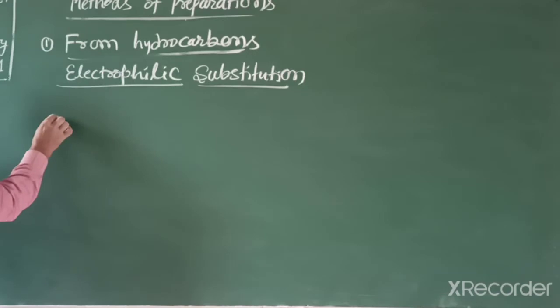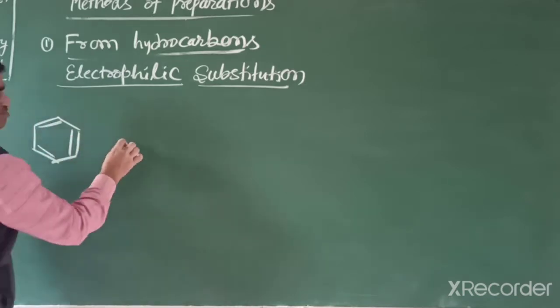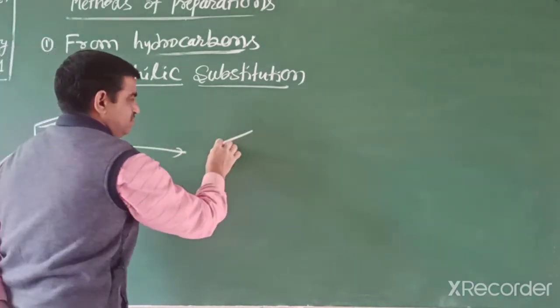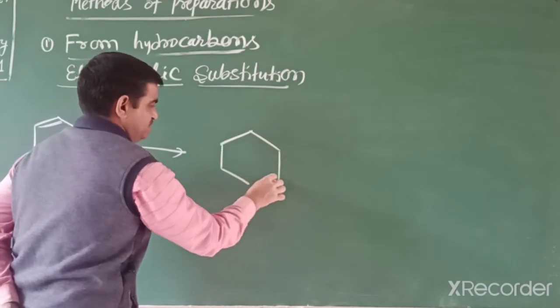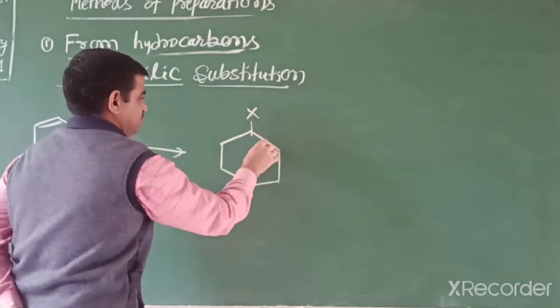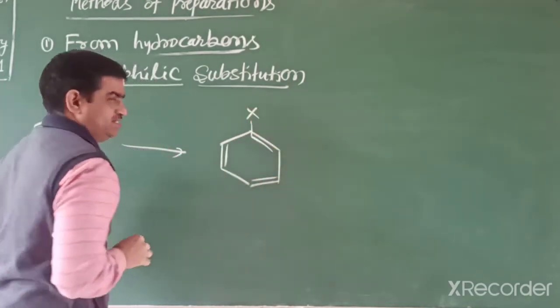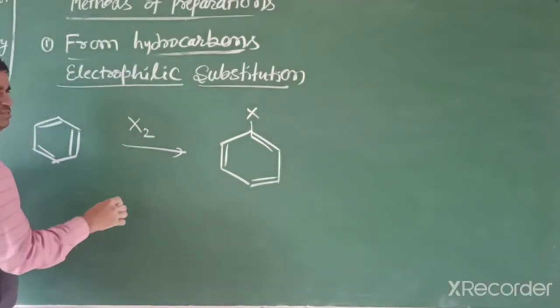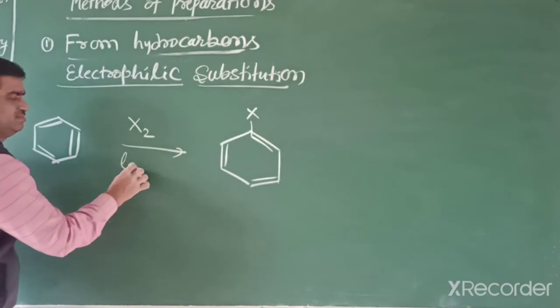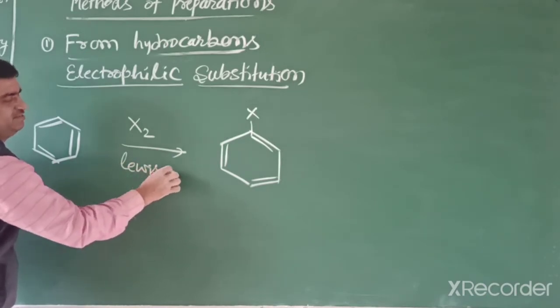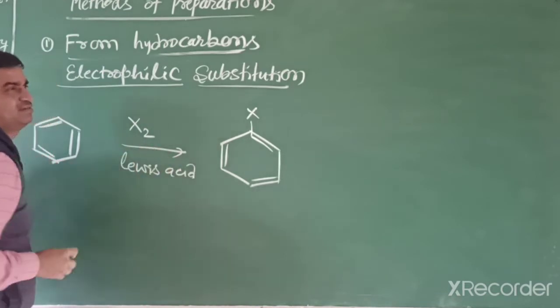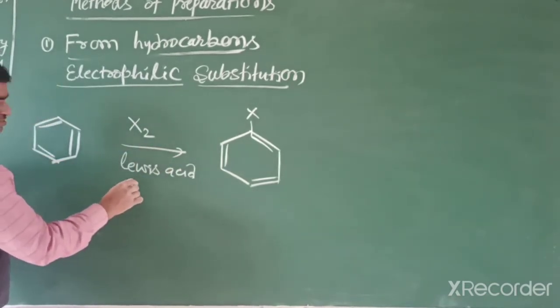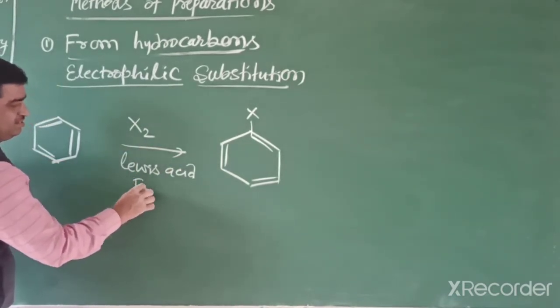If this is an aromatic hydrocarbon, meaning benzene, and we want to prepare halobenzene, meaning chlorobenzene, what reagent do we take in this reaction? Halogen plus Lewis acid. Generally we use iron halides.